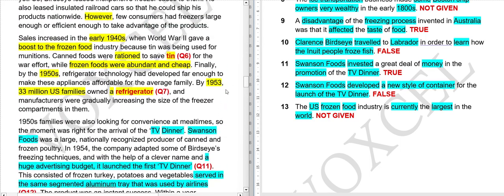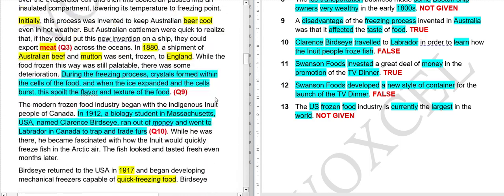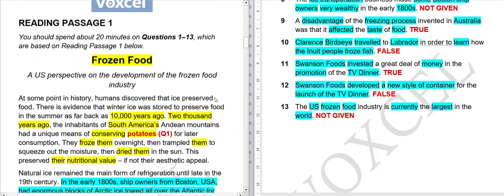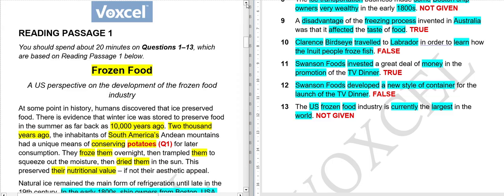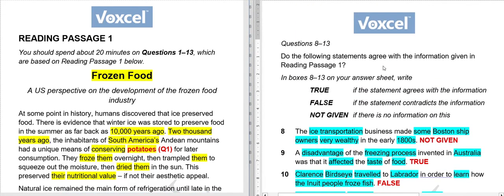So if you are not sure about any question, if you were confused about any question, feel free to go back to that particular question, listen to it, and repeat it as many times as you want until it is clear to you.